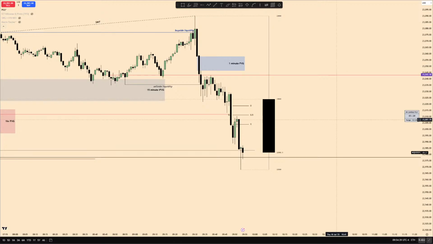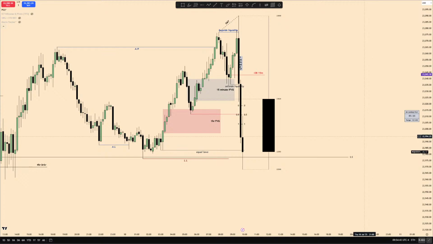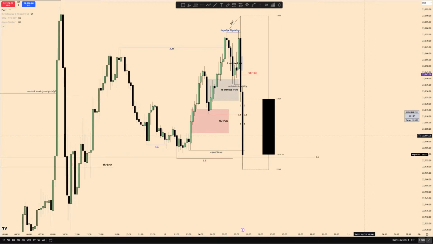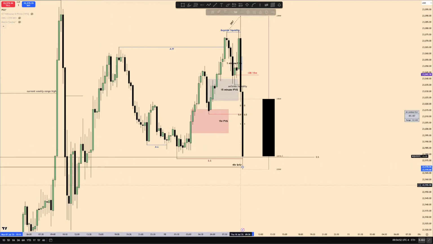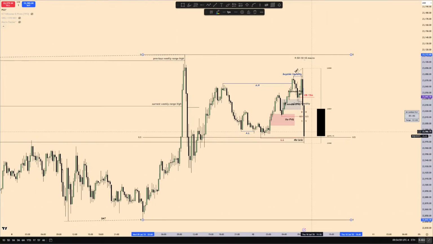Let's see if we can get a 10 a.m. reversal going on here. There was London's lows, yeah, they're bagged. The 4-hour breaker has been traded through again. The equilibrium from the previous daily range has been traded through.